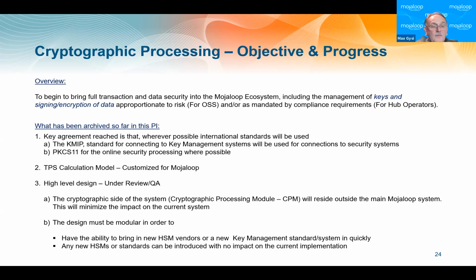And then lastly, we have done a high level design of what the cryptographic processing module, CPM for short, will look like, but it's a very architectural model without diving down into the message format, the comms between components, and that type of thing. It is under review at the moment.